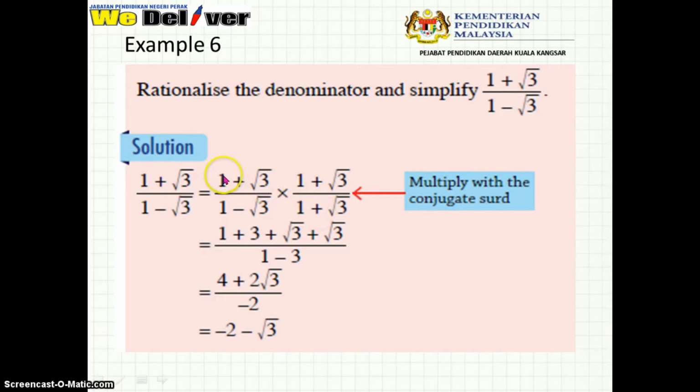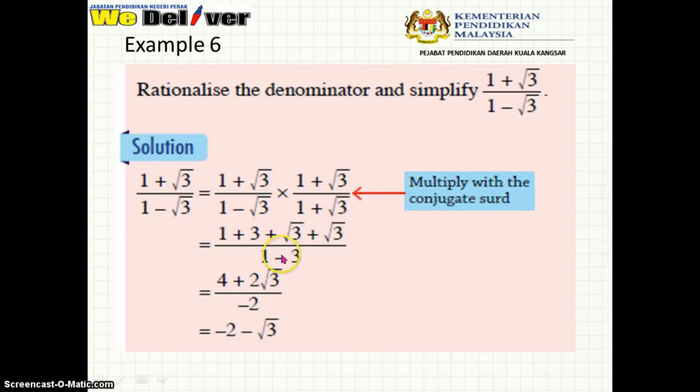So 1 times 1, 1. Square root 3 times square root 3, 3. 1 times square root 3 equals square root 3. Square root 3 times 1, square root 3. And the denominator is 1 minus 3, by using (a minus b)(a plus b) equals a square minus b square.